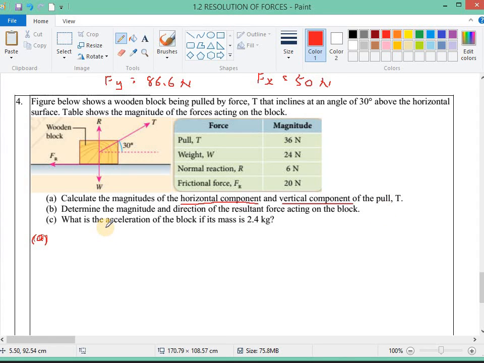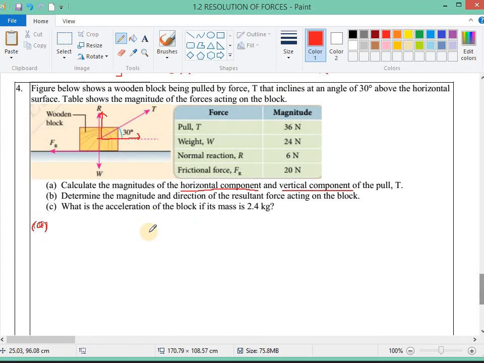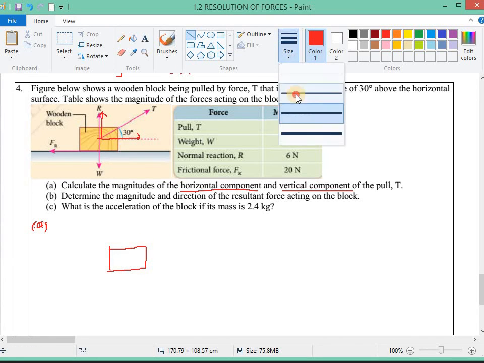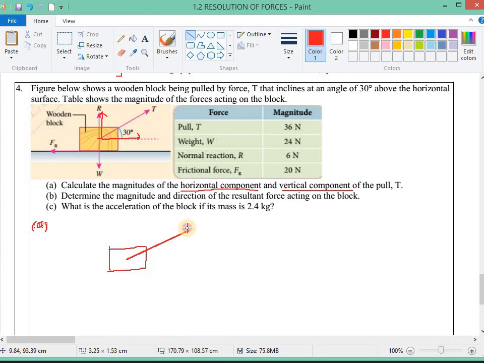Okay, so we want to calculate the horizontal component and the vertical component of the pull of this force T. Alright, so this is the object. The force that pulls is in this direction.